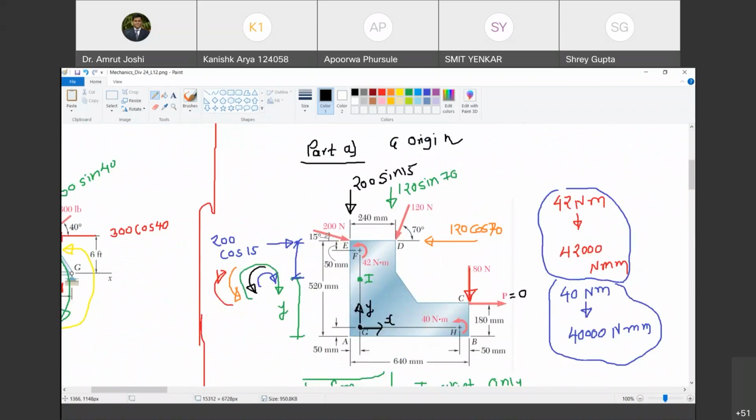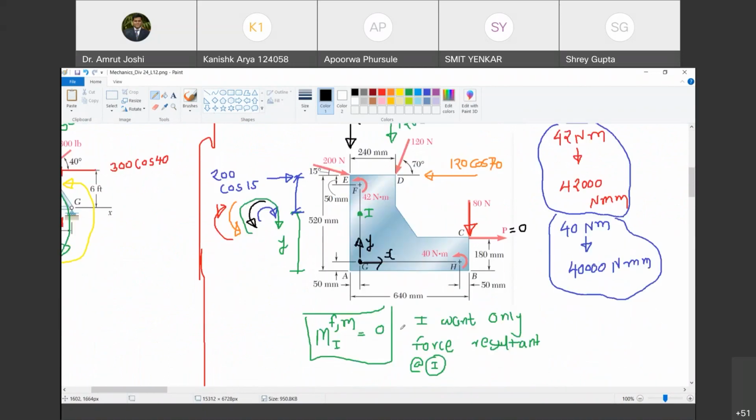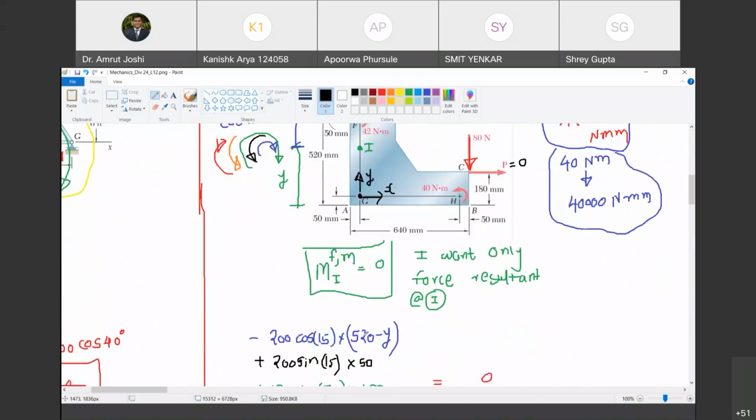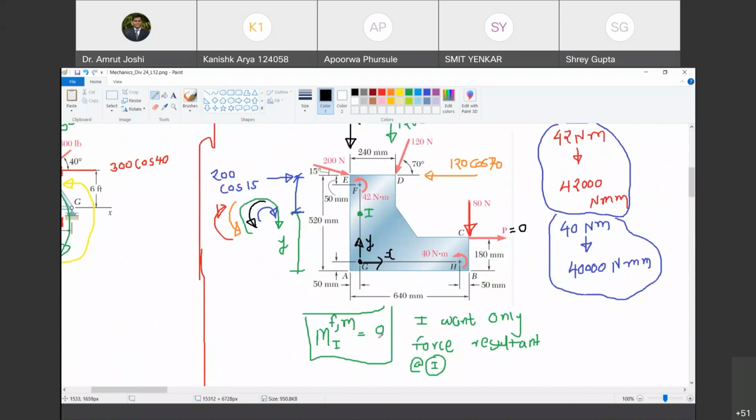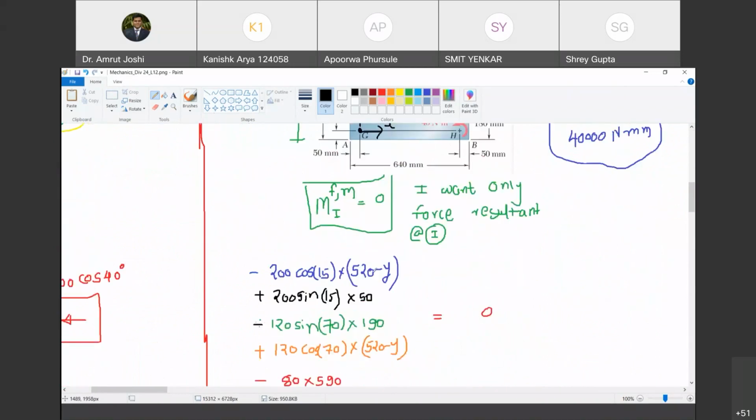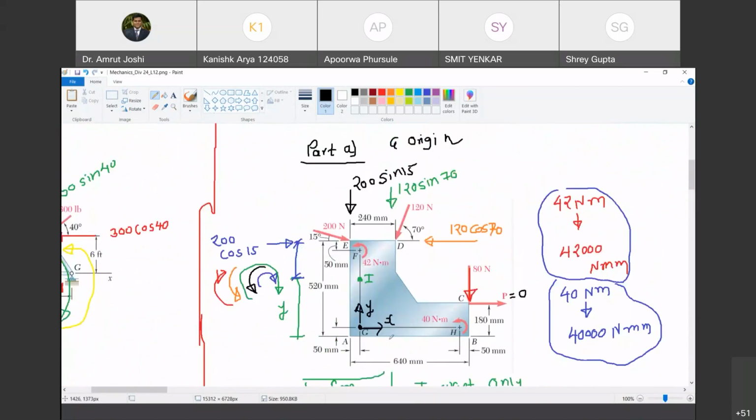So 1 minute. 200 cos 15 multiplied by 520 minus now here is the mistake, I guess. So we are taking no, that's correct. 520 minus y, this component is correct. It is clockwise, correct.